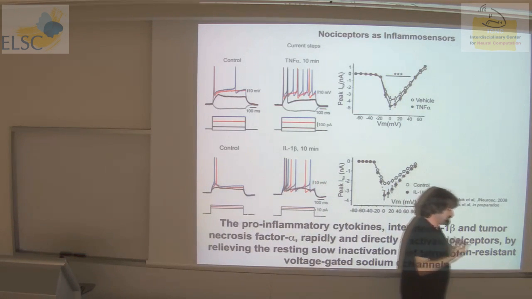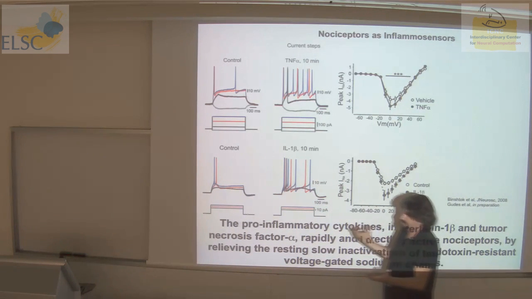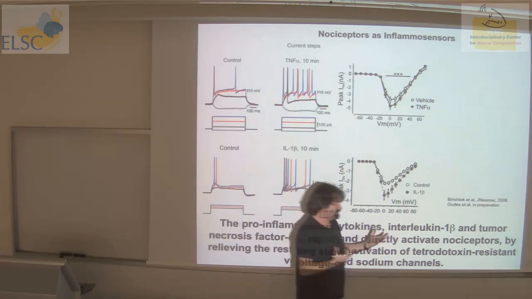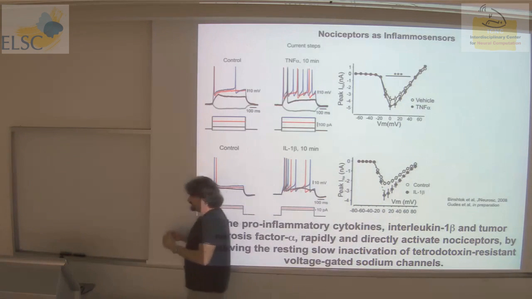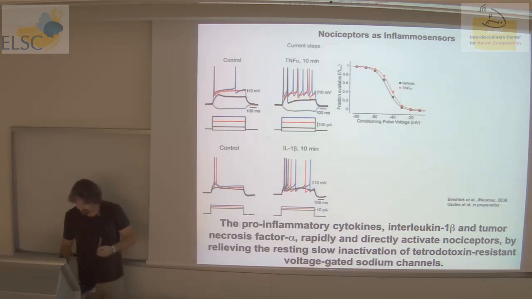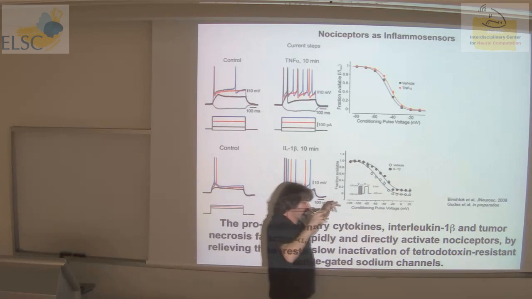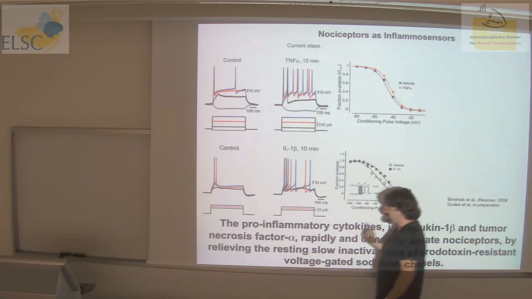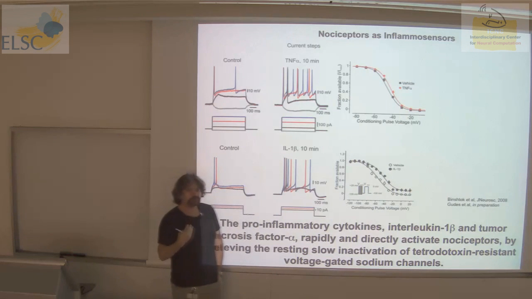We would expect that the increase in sodium current could be either because of an increase in the amount of channels on the membrane, or some changes in the fast properties, fast activation, fast inactivation. We were disappointed in the beginning to find out that there is none. But what we did find is that, instead of increasing the number of channels in the membrane, TNF-alpha and IL-1 beta increase the number of available channels by affecting the process called slow inactivation.